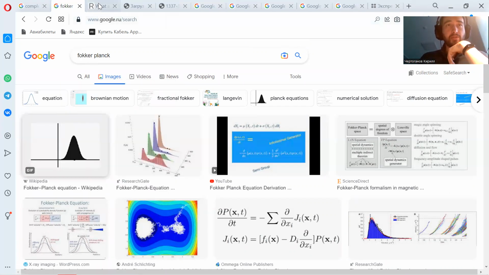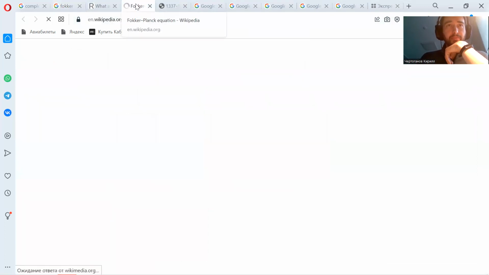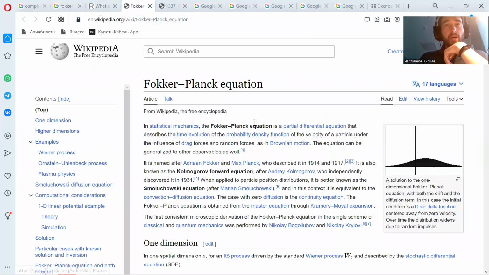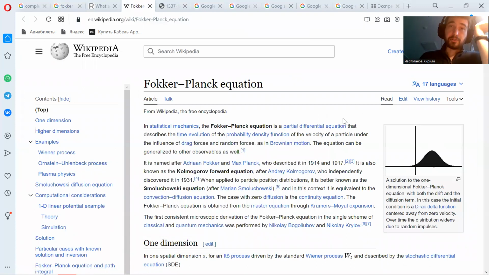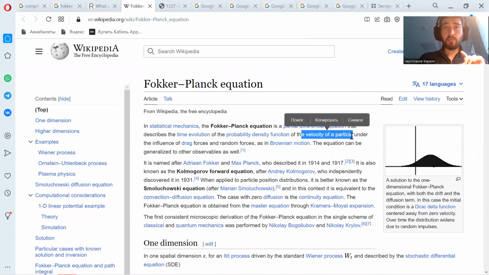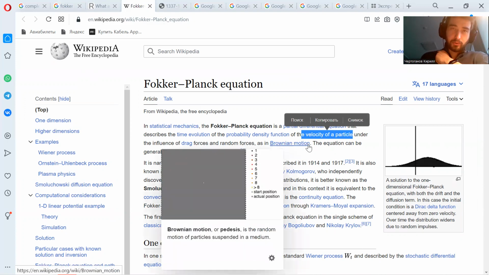According to the definition, the Fokker Planck equation is a partial differential equation that describes the time evolution of the probability density function of the velocity of a particle under the influence of drag forces and random forces, such as Brownian motion.